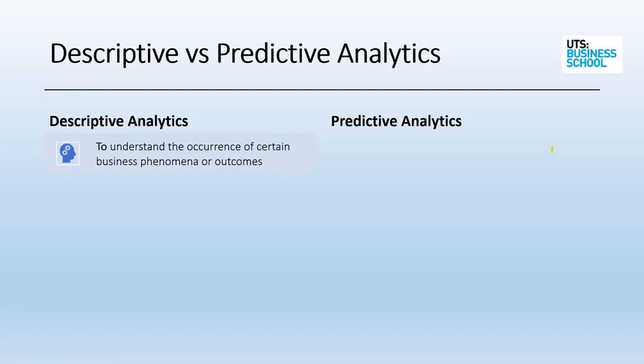So you are discussing the outcome. You are just talking about the average sales in your area, or how much your sales increased yesterday as compared to the day before yesterday. So you're looking at those day-to-day numbers which are important for you. So that is about descriptive analytics.